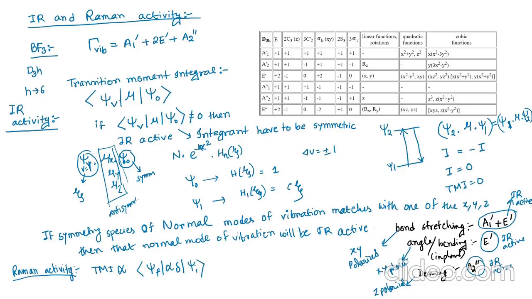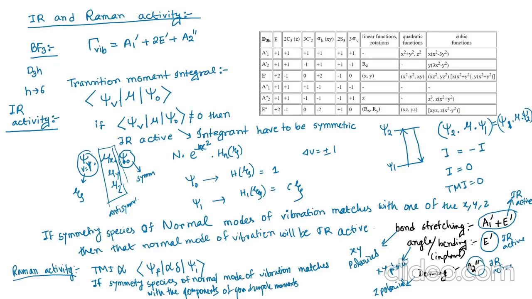So now instead of x, y, I will write: if the symmetry species of the normal mode matches with the components of quadrupole moments, the quadratic terms x square, y square, z square, then they will be Raman active.